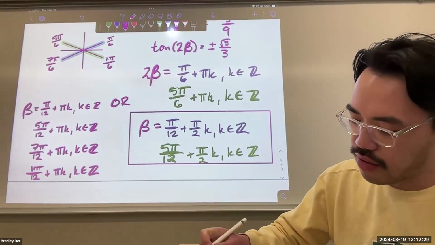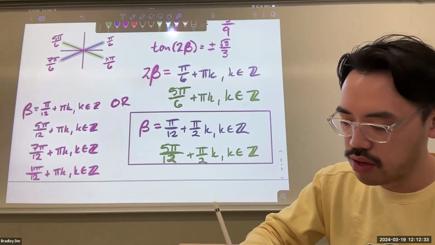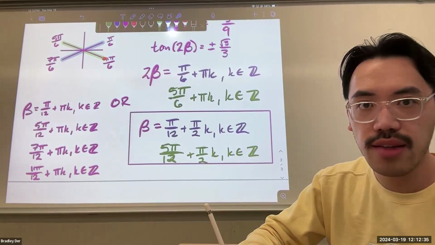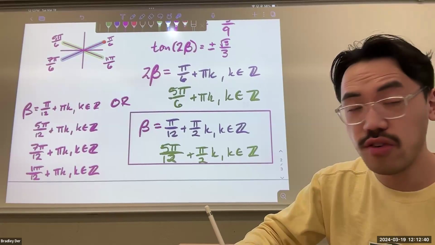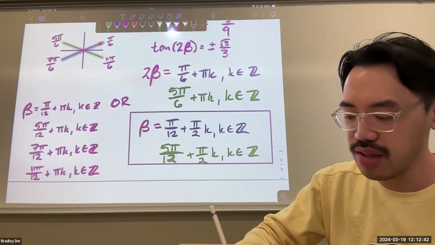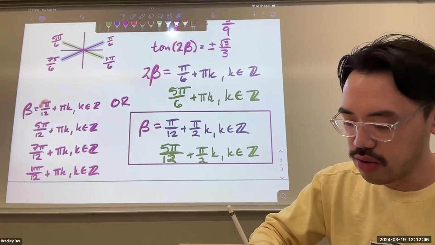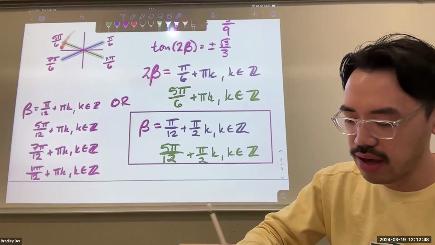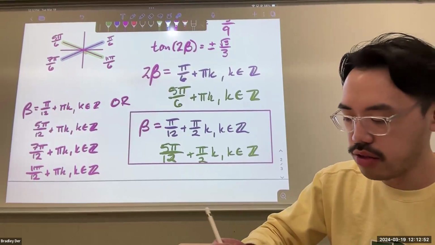Right, and that would be if you wrote a sequence for each of the 4 terminal rays, and then divided everything by 2, right? So this would be just for this terminal ray, pi/6 plus 2 pi k, but then I divide the pi/6 by 2, get pi/12, and the 2 pi k divided by 2, pi k, right? And the same for all the other 3.